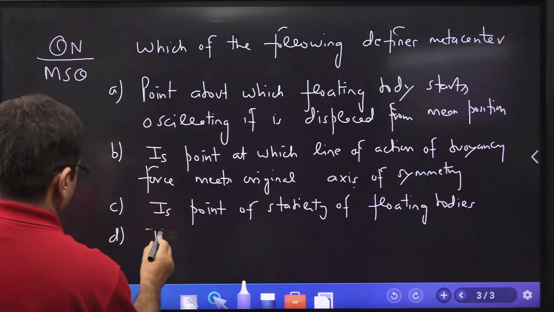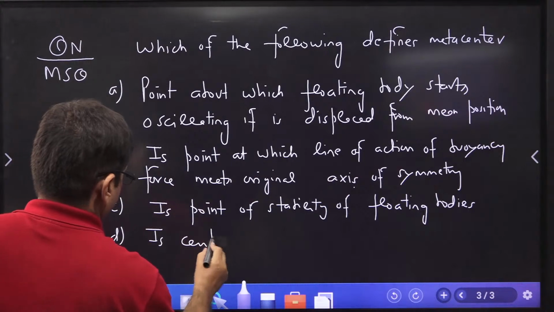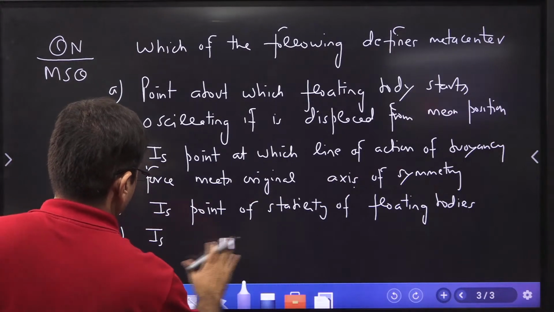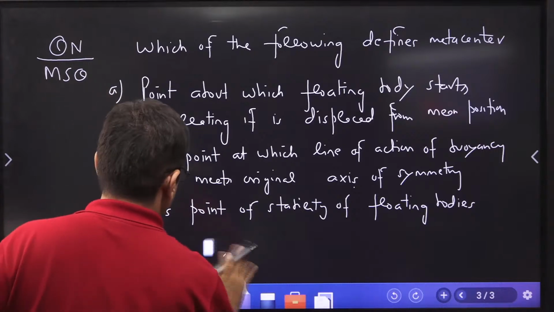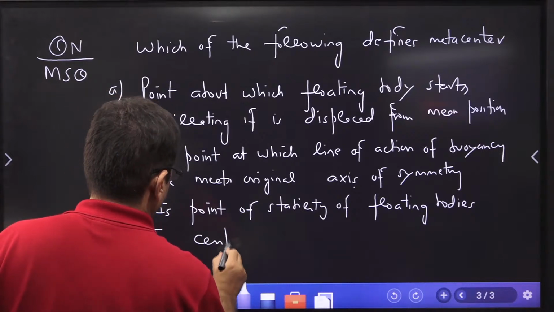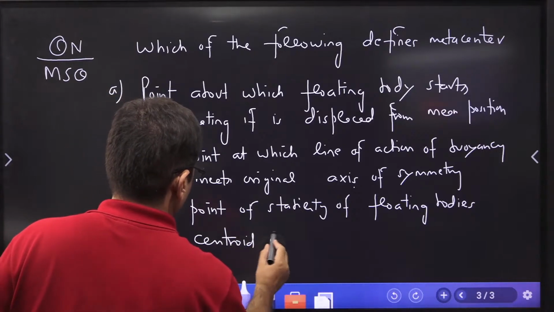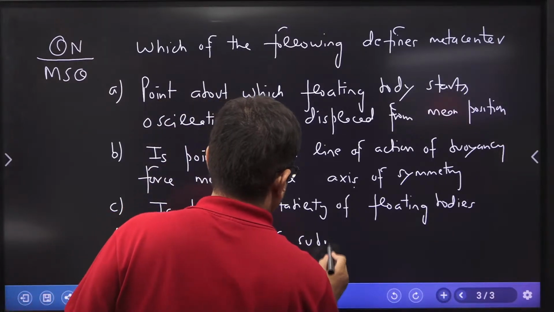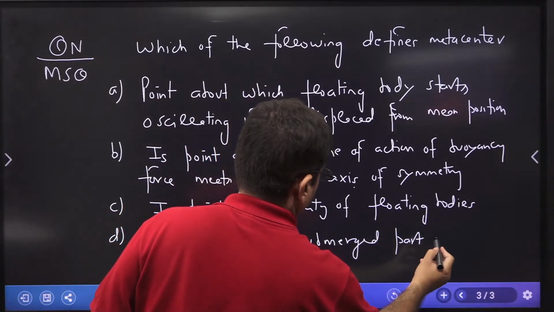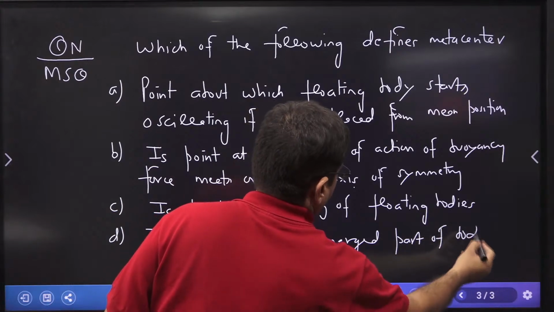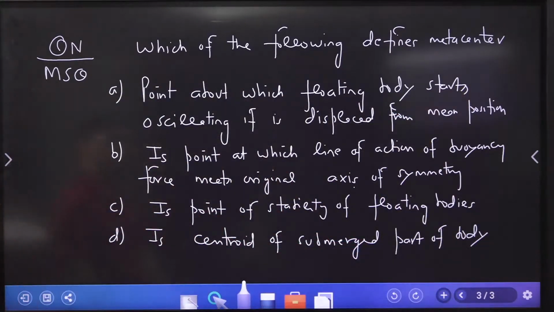D is the centroid of the submerged part of the body. So this can be a multiple statement question.